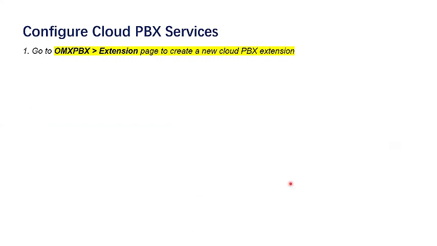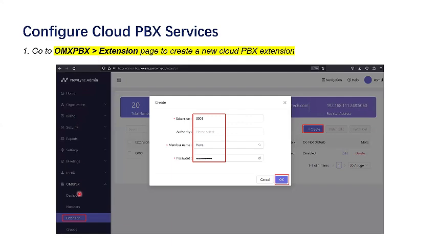Okay, so also you can configure the cloud PBX services. So you can go to the OMX PBX extension page to create a new cloud PBX extension. So here on the OMX PBX, I can add the extension. Say for example, I want to add the extension 8001, and the important fields are that you need to have the extension number, the member name, and of course, the password.